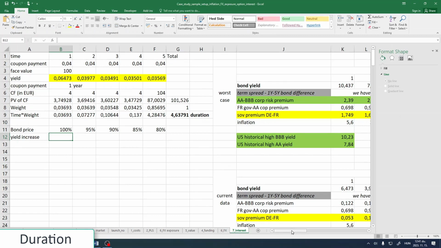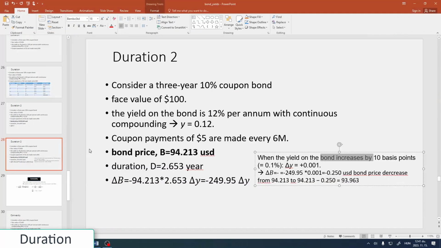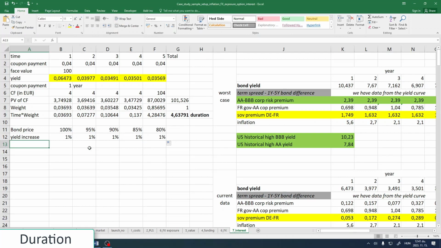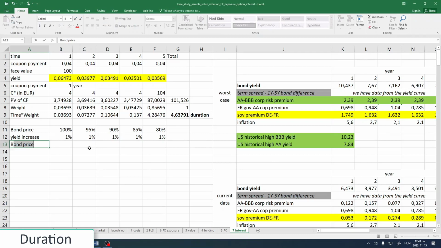Come on, we can do it better. So we can see that it's practically doubling itself, so 1%, not 0.1. And then let's roll everything through here, and after that we can see the new bond price.